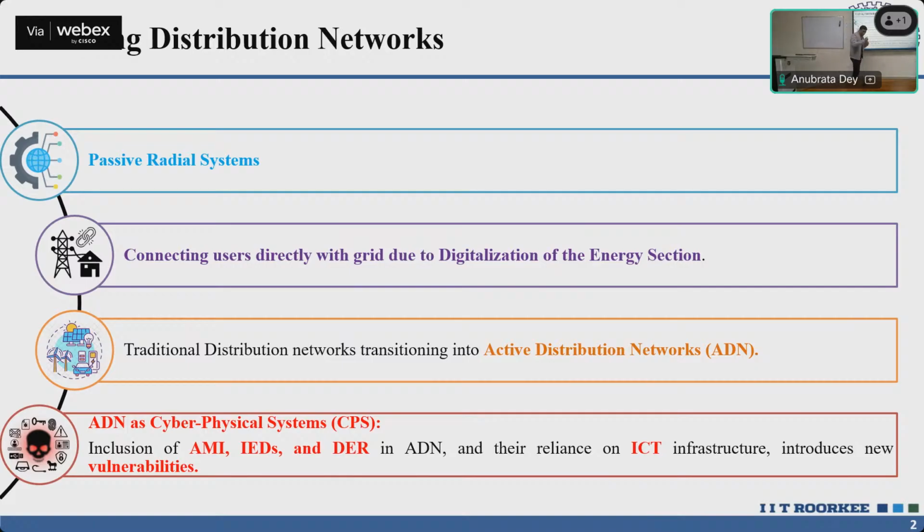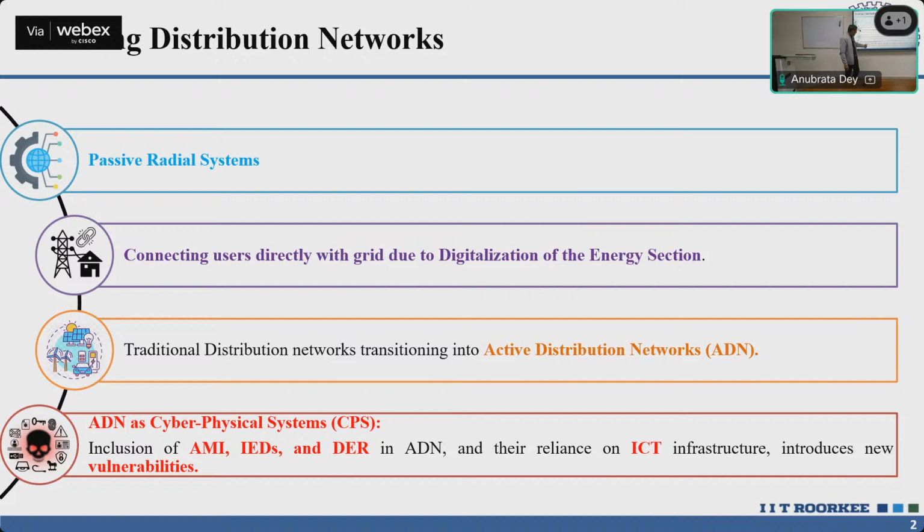So later on, after you digitize your entire network, smart grid, what you call, the system becomes an active distribution network. We call it ADN, right? And this ADN is going to combine your physical system with cyber communication, information and communication part. So then there is always a threat, right?